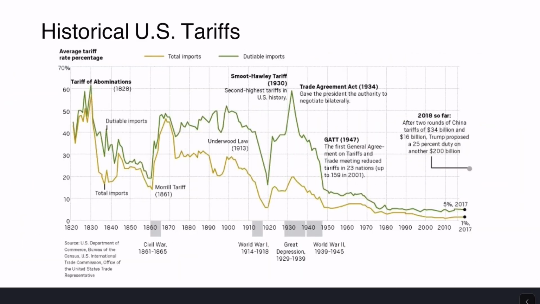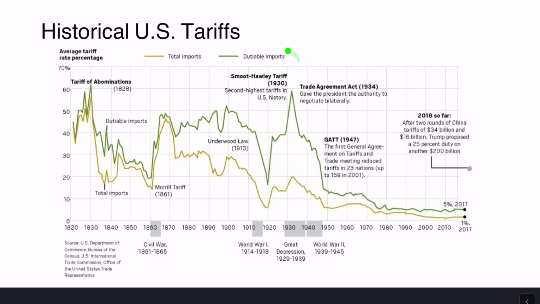Next, I want to show you just a little bit of history about the levels of tariffs over pretty much the entire course of U.S. history. And what we want to focus on first is post World War II, we're having really low levels of tariffs. So roughly around 2010 to 2017, we're talking 5% level of tariffs in the green line.